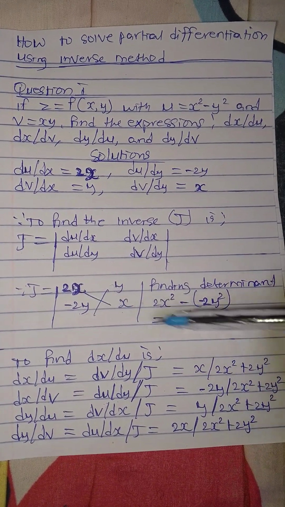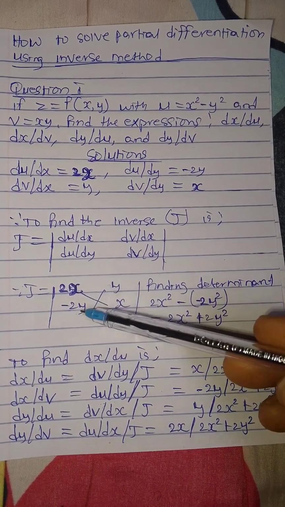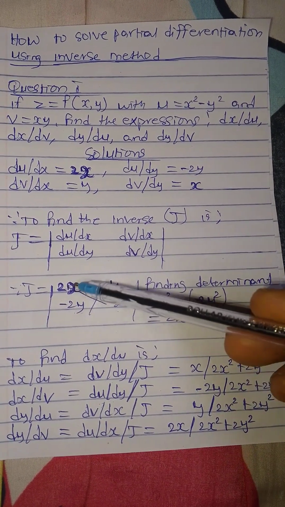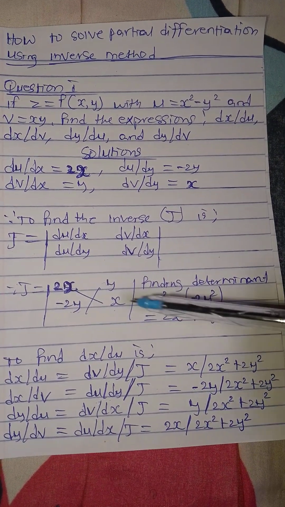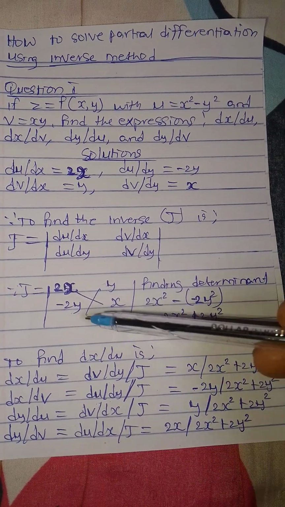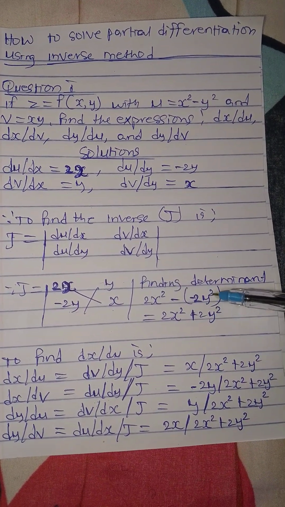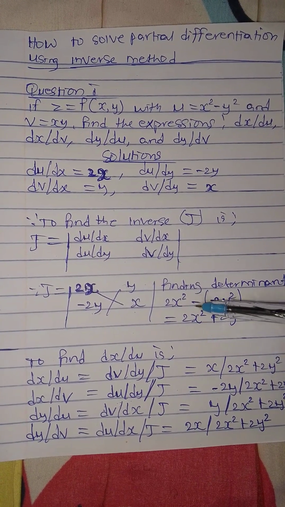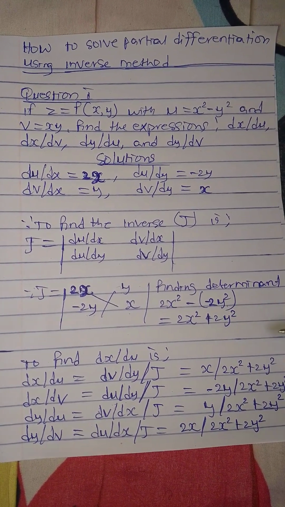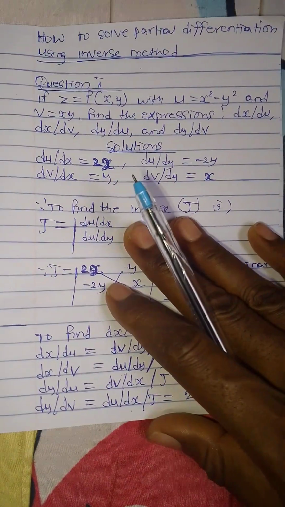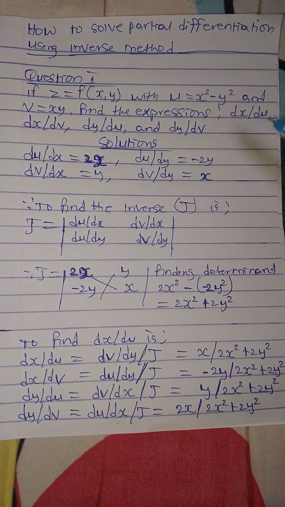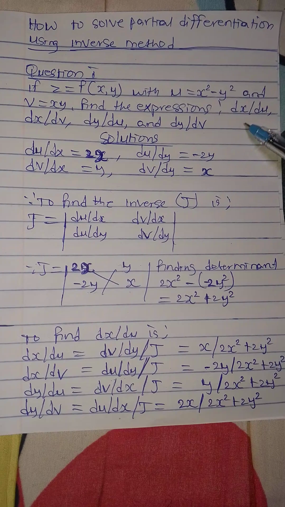So 2 times x minus bracket minus 2y times y. That becomes 2x squared minus, bracket minus 2y times y, which gives minus minus 2y squared, so 2x squared plus 2y squared. That's the value for my J. Now let's find the expressions, starting with dx over du.